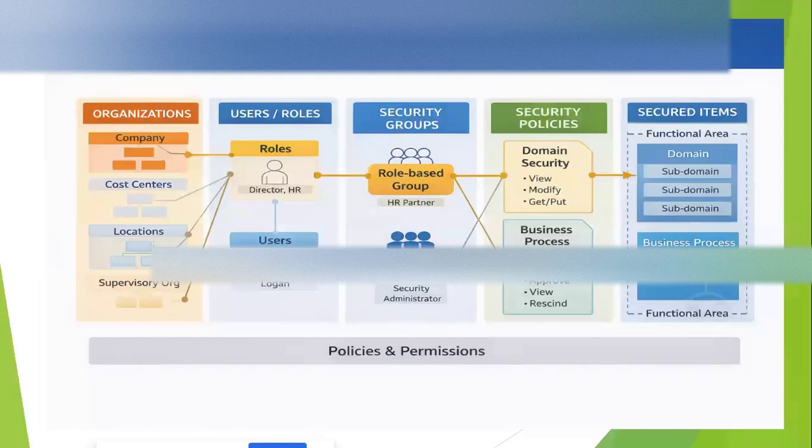We go to the respective functional area and give them the data they need, or go to the business process security and give them the tasks they are supposed to perform. Today's chapter covers how to create a role based security group and how to create a user based security group.